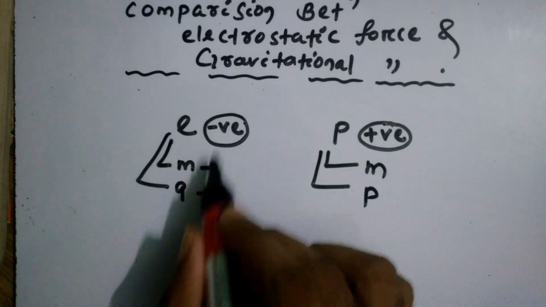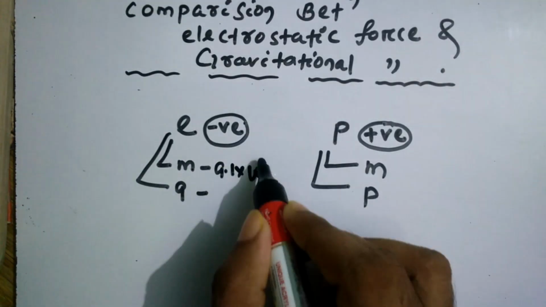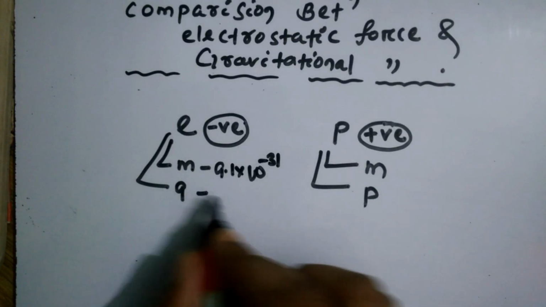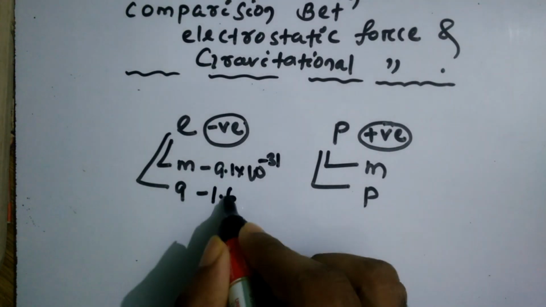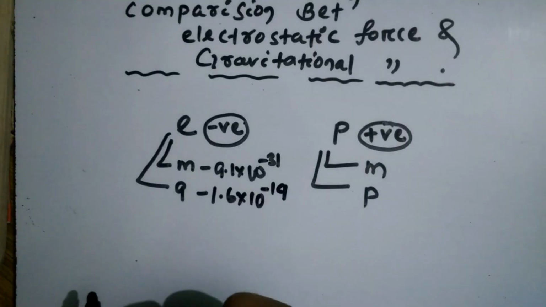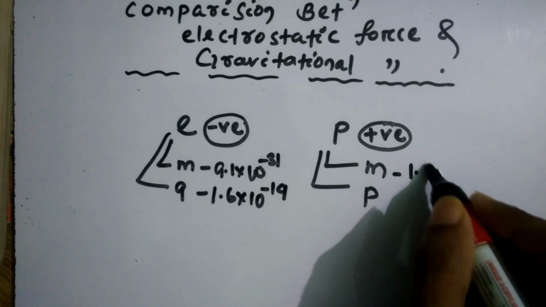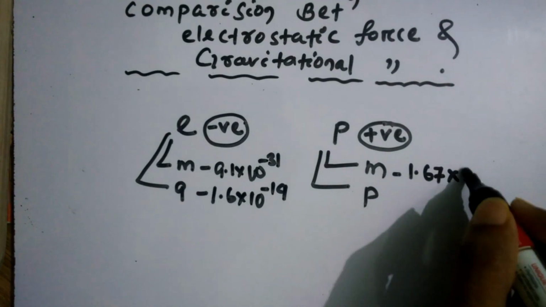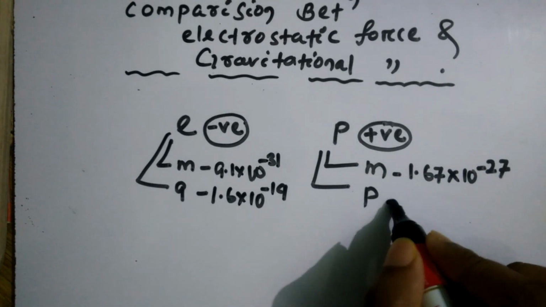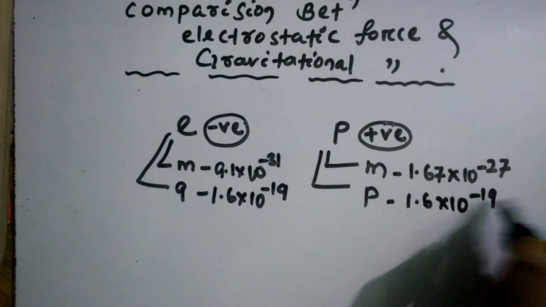So the mass of electron is 9.1 into 10 to the power minus 31 kg. The charge of electron is 1.6 into 10 to the power minus 19 Coulomb. The mass of proton is 1.67 into 10 to the power minus 27 kg and the charge of proton is 1.6 into 10 to the power minus 19 Coulomb.